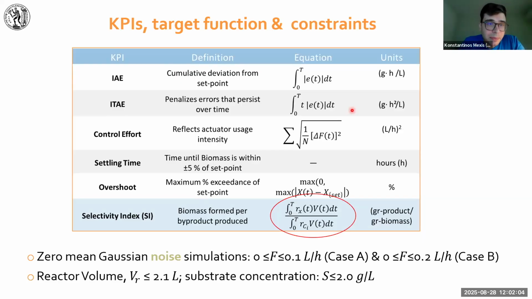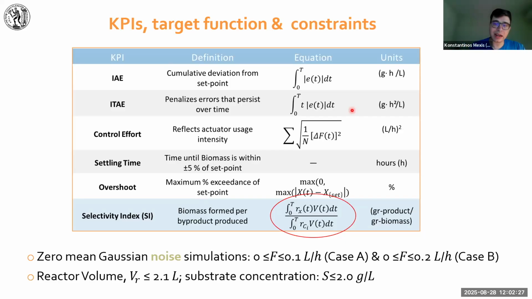These are the KPIs that we used. These are the standard KPIs used in control studies, but we also added a selectivity index, a KPI that measures the biomass formed per byproduct produced. The goal is to have a big value of this index.